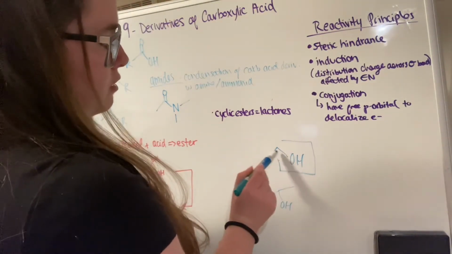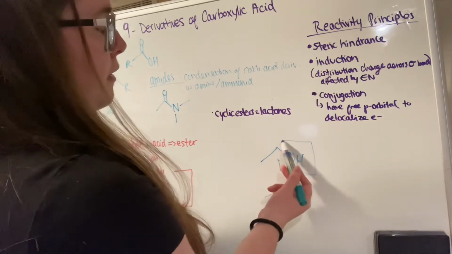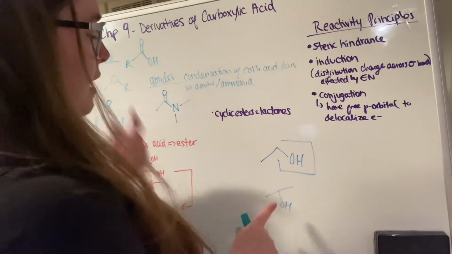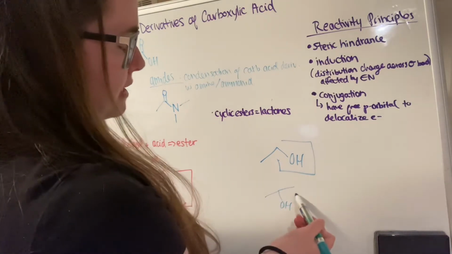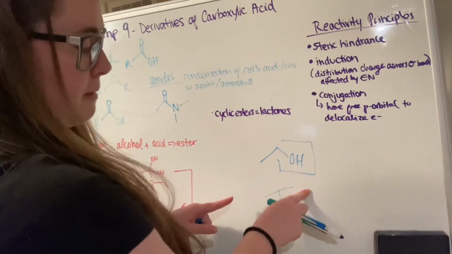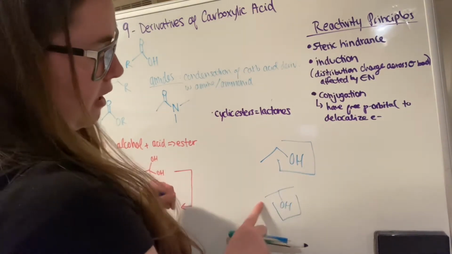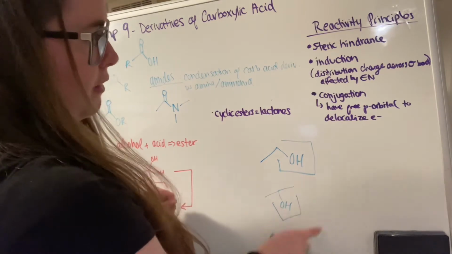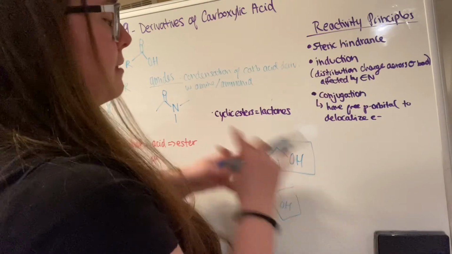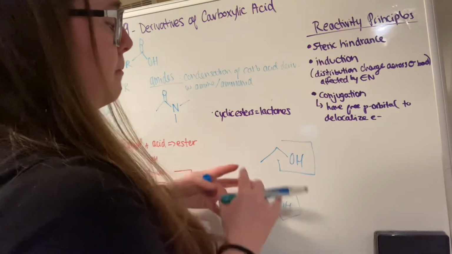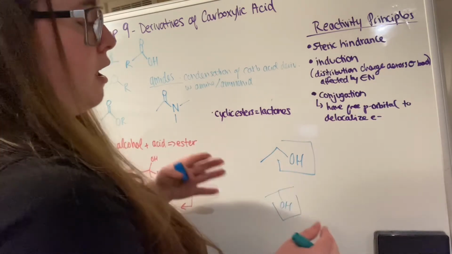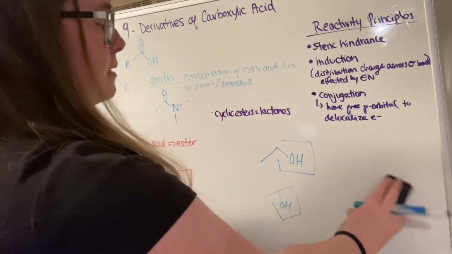You can't come over here because there's a bond there, but you have all this space to come at this OH group and attack it, right? If we're looking at this, our space that we can attack gets a little bit smaller, right? You can't come from here, you can't come there. So this area is all we have to work with. So that's basically the idea of steric hindrance, is that the more substituents involved around where you're trying to react will make it more difficult to react at that place.